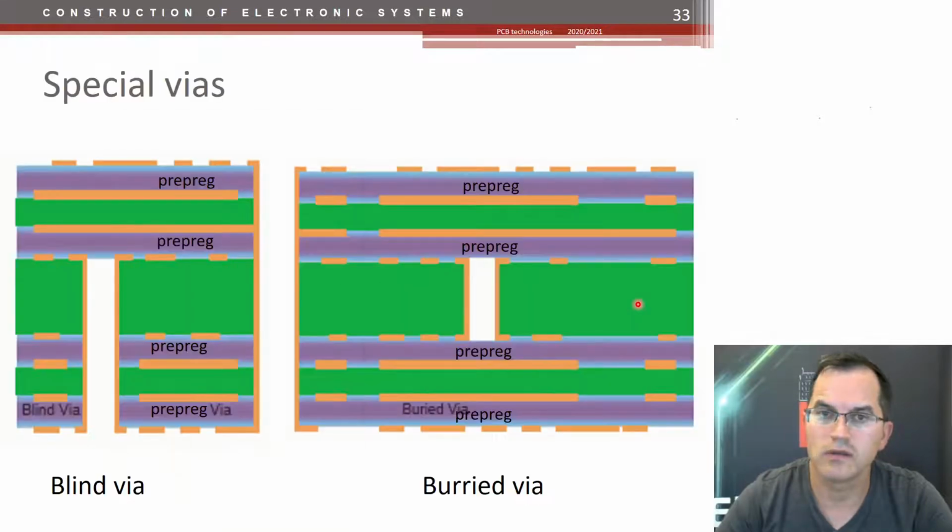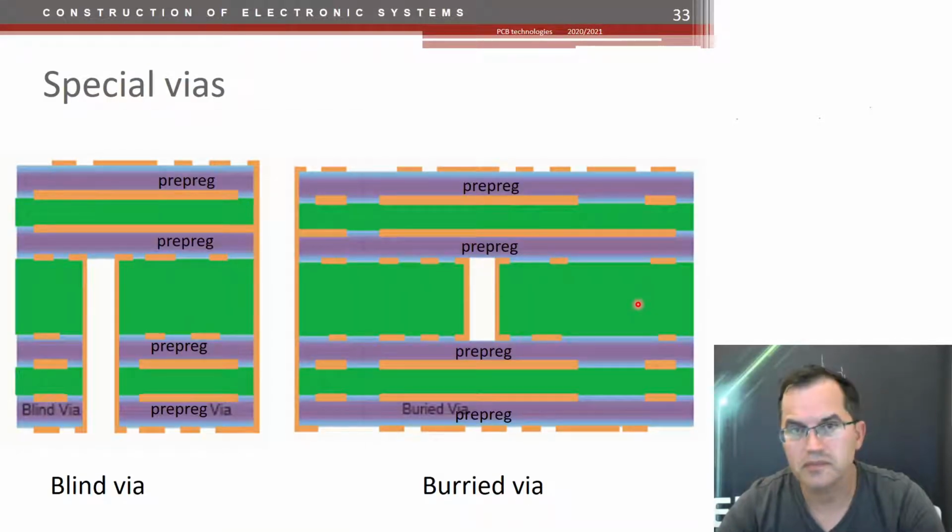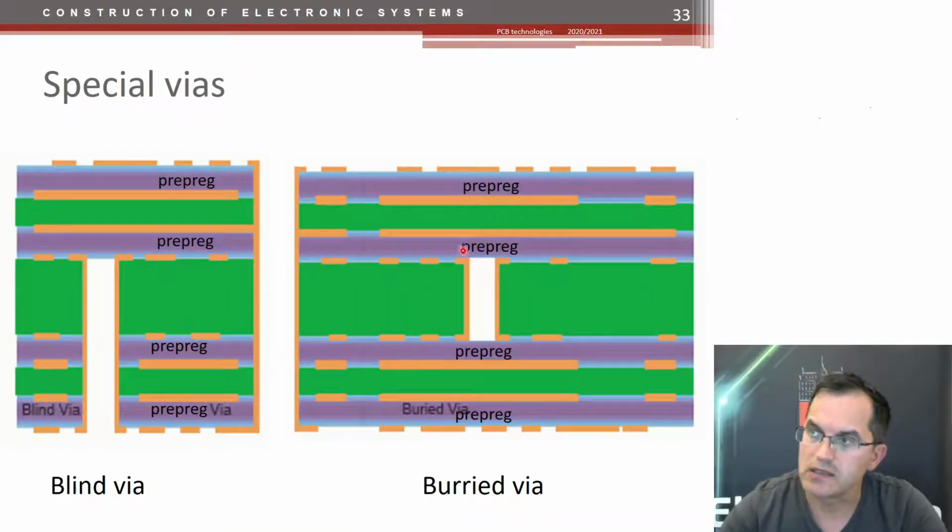What about the other vias? Well, the inner vias, the buried vias here, are always between layers that are part of a stack. So this, let's say, is one single double layer PCB that is later pressed into the final PCB, and this is achievable.